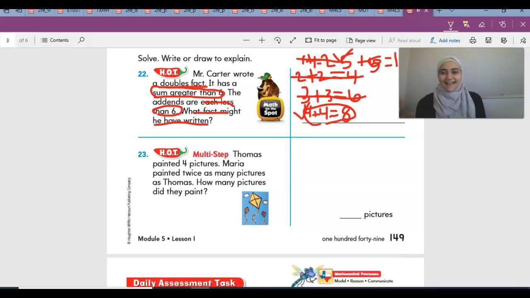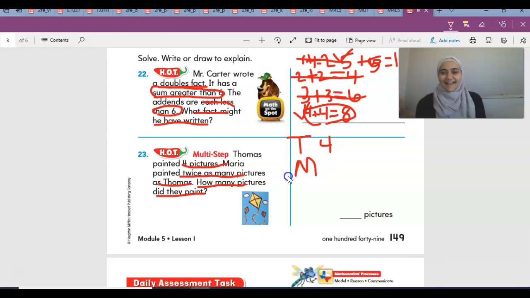Let's look at 23. Thomas painted 4 pictures. Maria painted twice as many pictures as Thomas. So if Thomas painted 4 and Maria painted twice as many, how many pictures did they both paint? So Thomas, it already tells us, painted 4. I'm going to write T for Thomas.